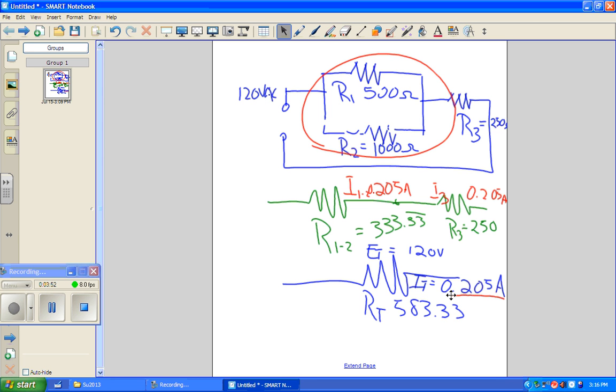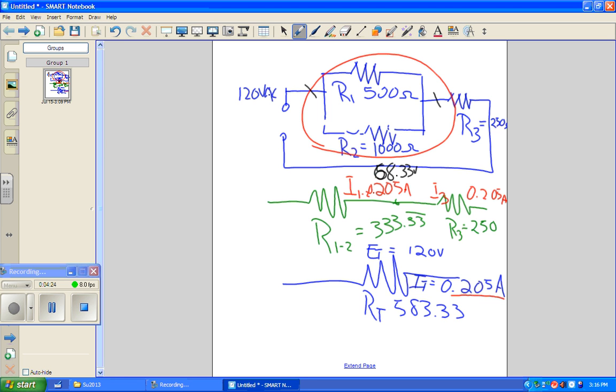So we multiply 333.33 times 0.205, and we get 68.33 volts being dropped across this whole branch of the circuit.